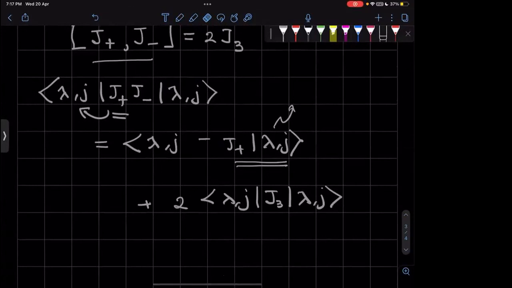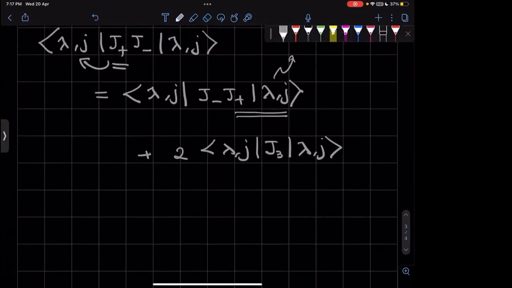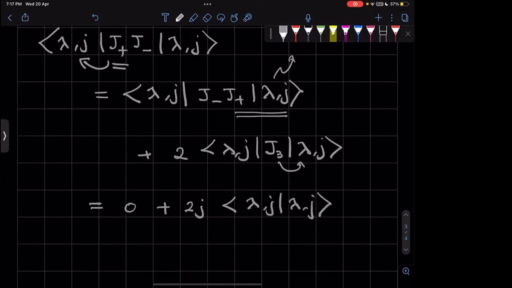Now J3 acting on this will give me the eigenvalue, which is J. So here I will get 2J times bra lambda j, lambda j. J3 does not change its eigenvalue. These are all eigenvectors of J3.